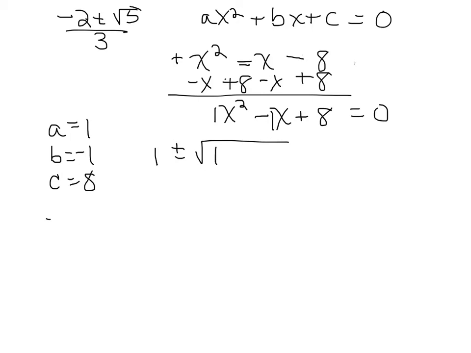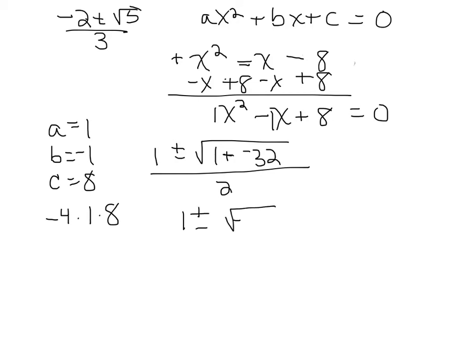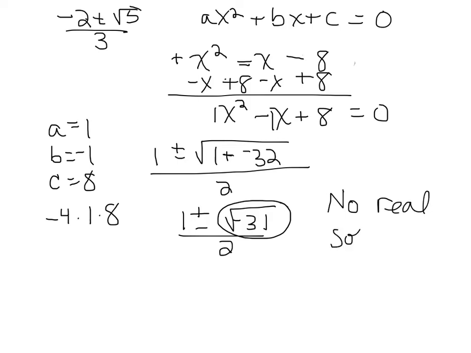And then over here we want to cite negative 4 times a times c, plus negative 4ac, that's negative 32 in this case, all divided by 2a, and a is 1. Well, when we simplify this, we can see that 1 plus or minus the square root of negative 31 divided by 2 is not a real number, because we cannot take the square root of negative 31. So this has no real solutions.